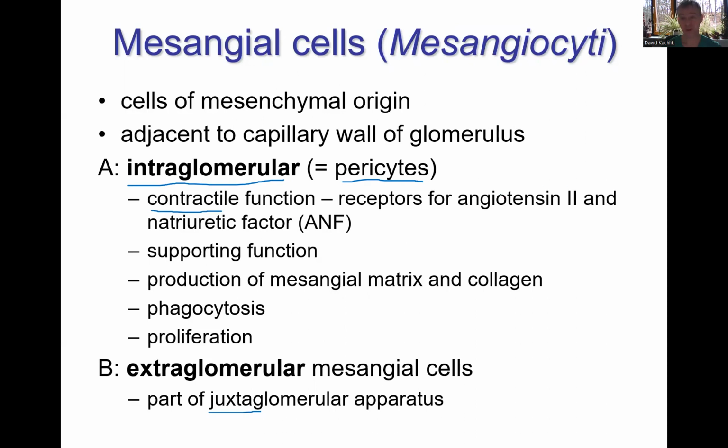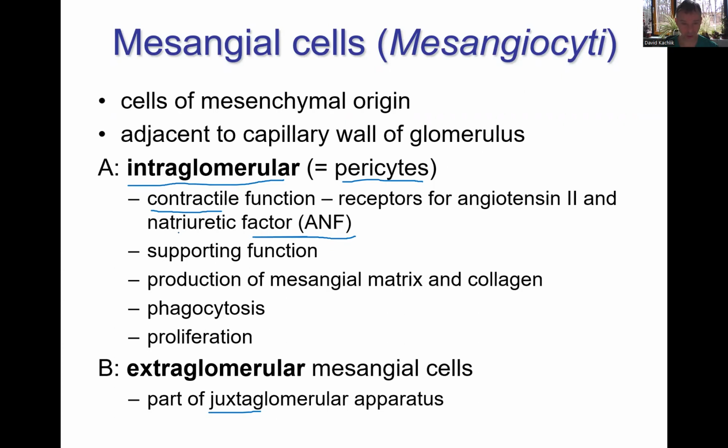And this contractile function is sensitive to two hormones. One you already know, and it's the atrial natriuretic factor produced in the atria of the heart in case the atria contain too much fluid, so they are extended. And the cardiomyocytes in the wall of atria produce the natriuretic factor.